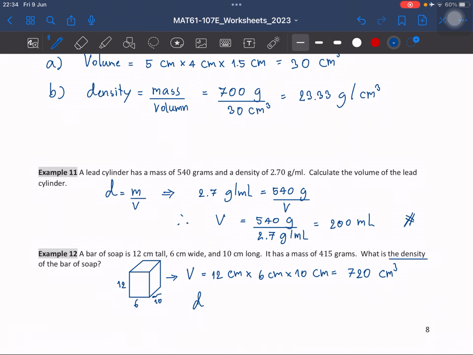The density is again mass compared to volume, right? And you know the mass already is 415 grams, and you know already the volume is 720 cubic, and then you use a calculator again and you will get 0.57 gram per cm power 3.